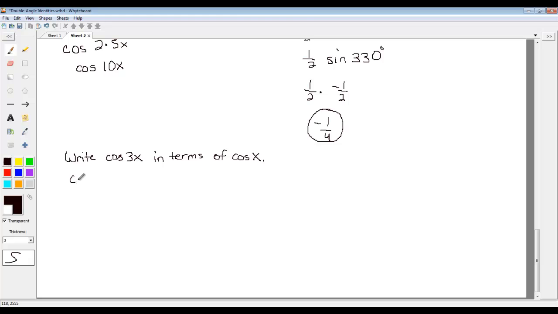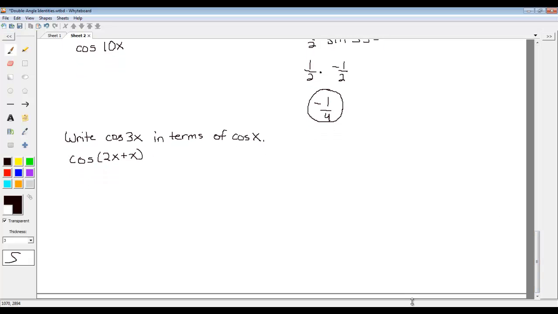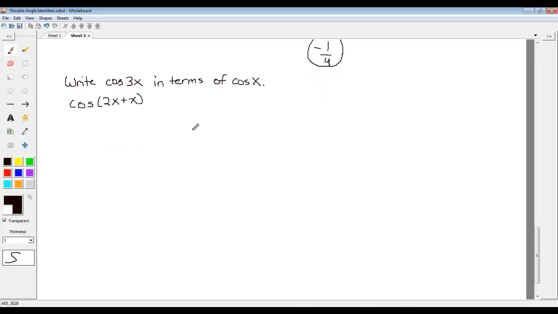Well, cosine 3x, you could rewrite it as cosine of 2x plus x, turn it into a cosine of a sum. Then using your identity you learned previously, you got cosine 2x cosine x minus sine 2x sine x.